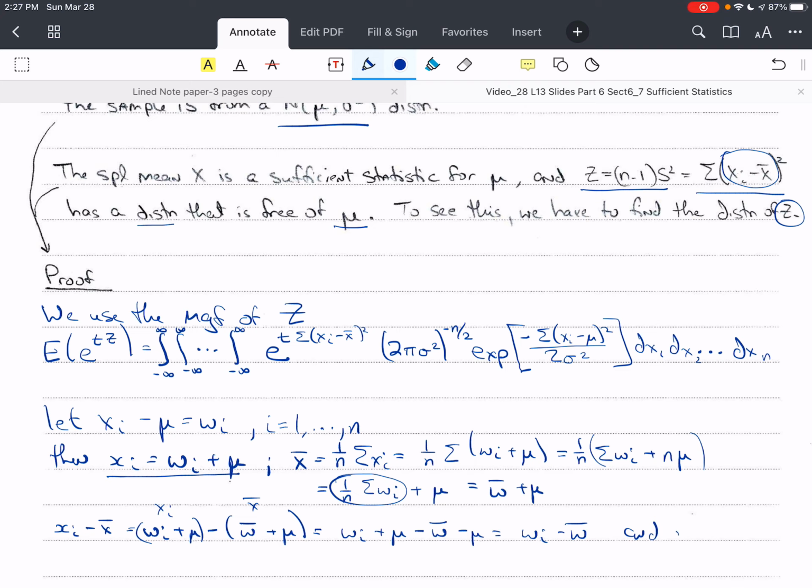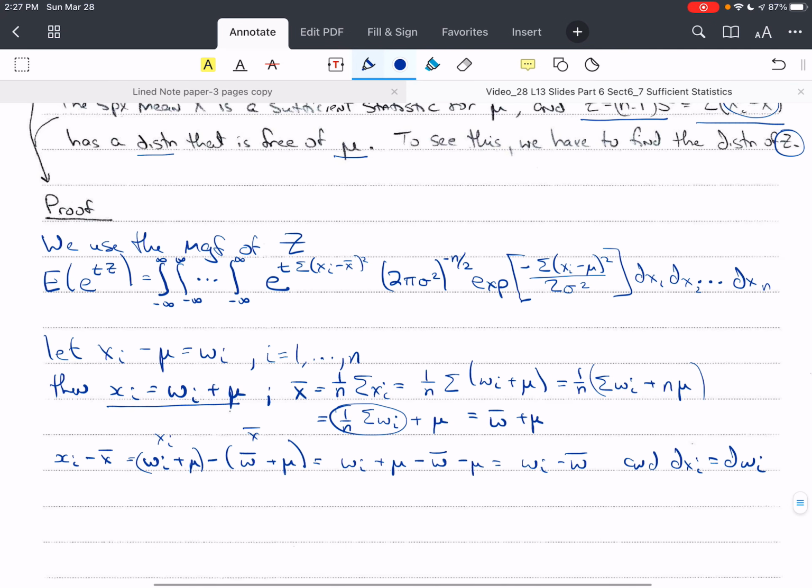And d sub xi is equal to dwi. Okay? So here is xi, and this is a constant, so that goes to 0 when we take the derivative. We just end up with d sub wi.